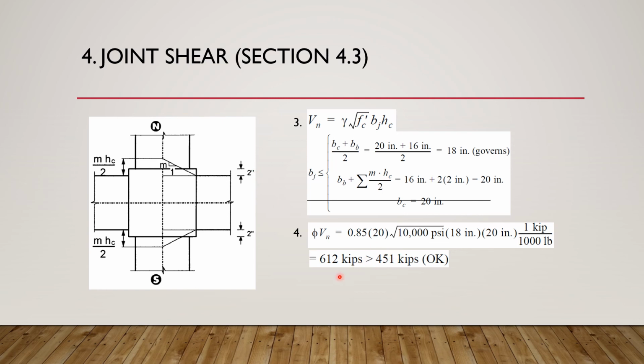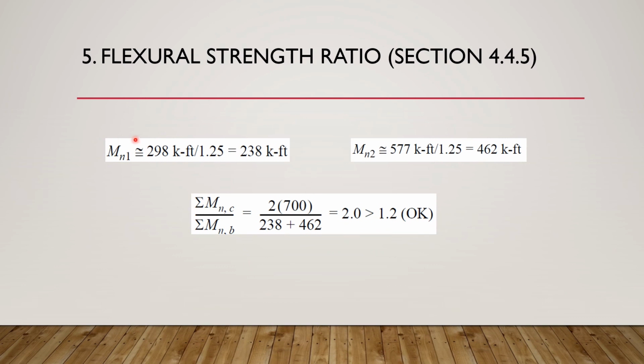Finally, we compare the demand and the capacity of the joint, and we check. In this case, we check the value. And we have another 2 requirements. That is the flexural strength ratio, that is the ratio of the moment in columns over the moment of the beam, and it needs to be higher than 1.2.